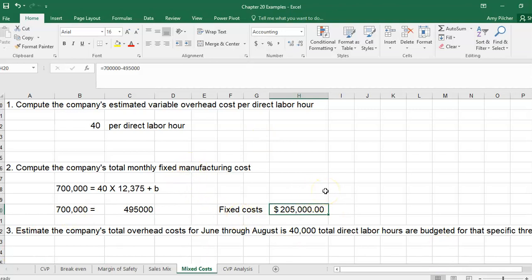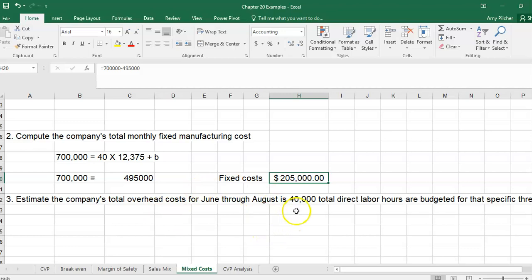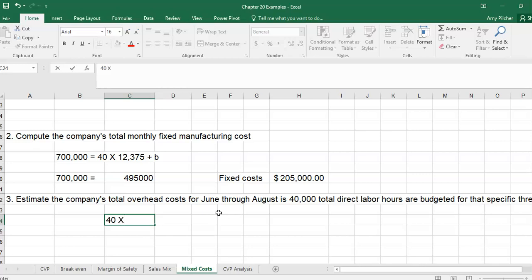The next question then is, what is our total overhead costs for this 3-month period of June through August if we have 40,000 in direct labor hours? Well, we now have an equation of $40 times the number of direct labor hours plus $205,000 equals total cost. So we want to calculate that.